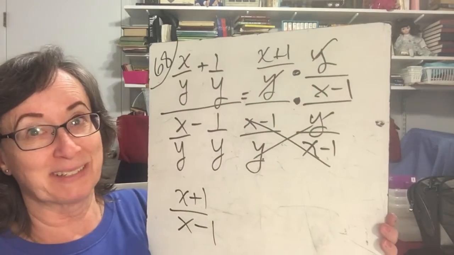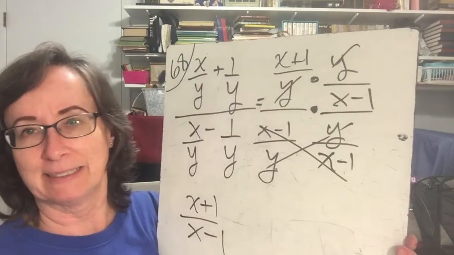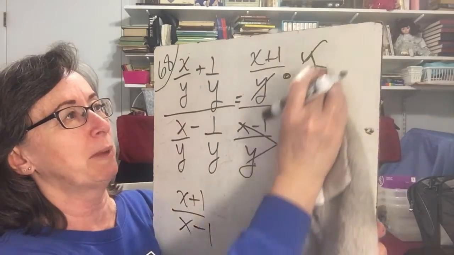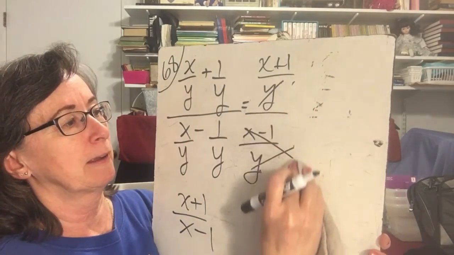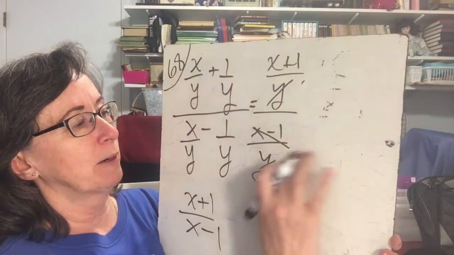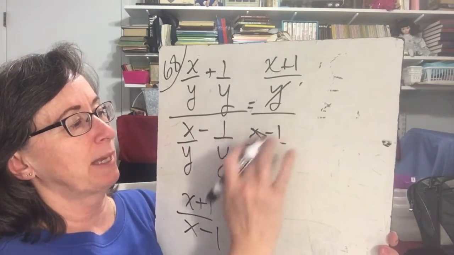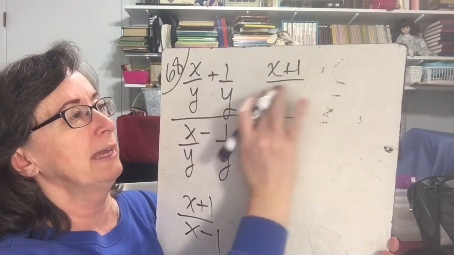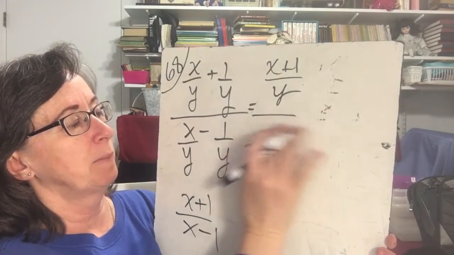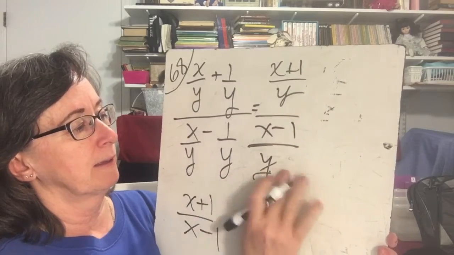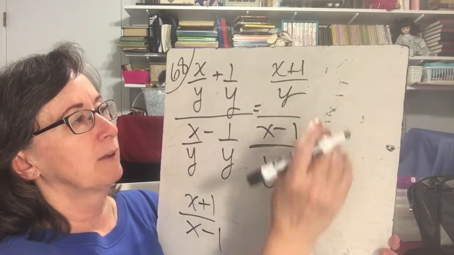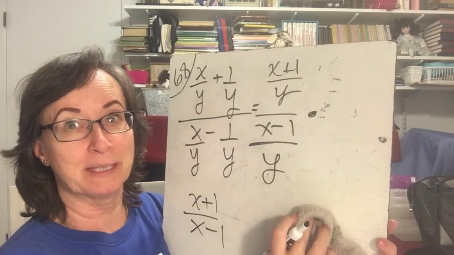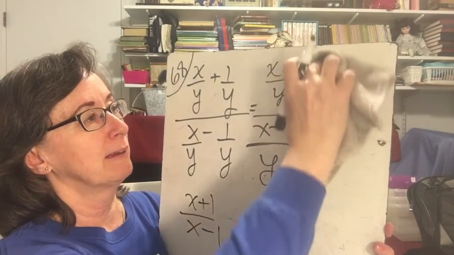Now, I'm going to show you one last way to do it. It's always fun to know several ways to do things. Okay, I'm going to go right back up here. Now remember, this is an x minus 1 over y, and this is an x plus 1 over y. It's kind of messy. What if I just multiply both the top and the bottom by y?